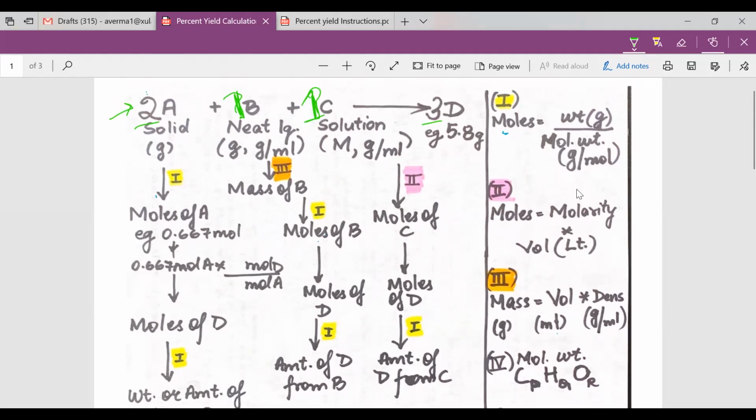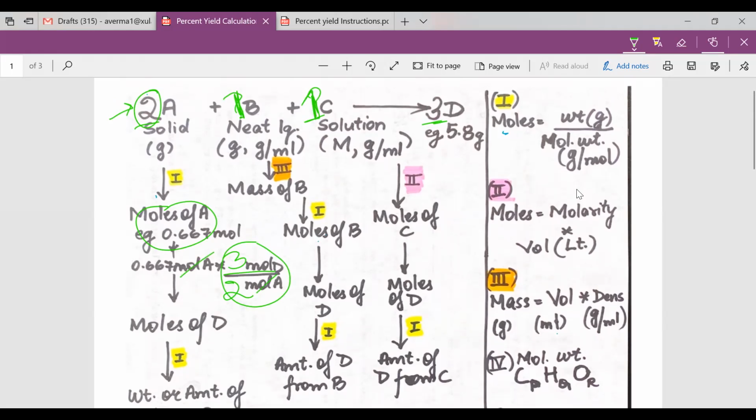Using the stoichiometric coefficients, you will then convert the moles of your starting material to the moles of your product by dividing them by the moles of your A according to the balanced chemical equation.